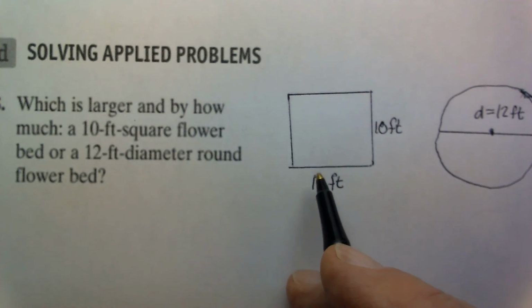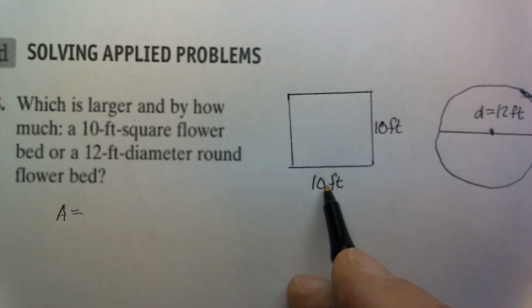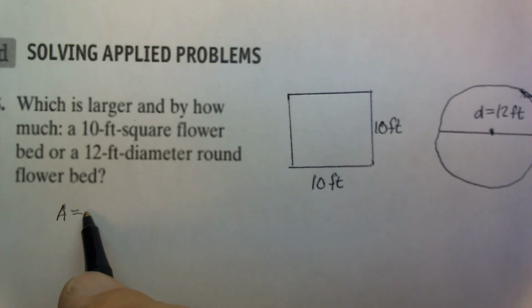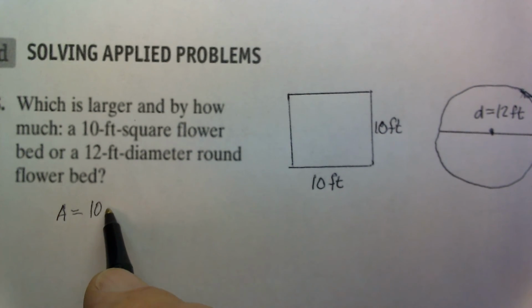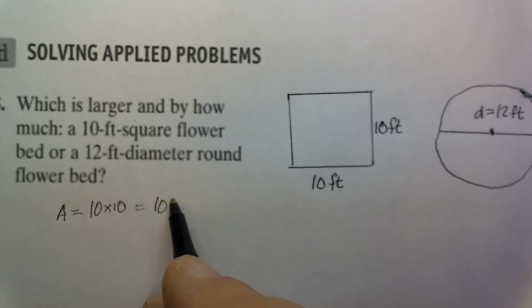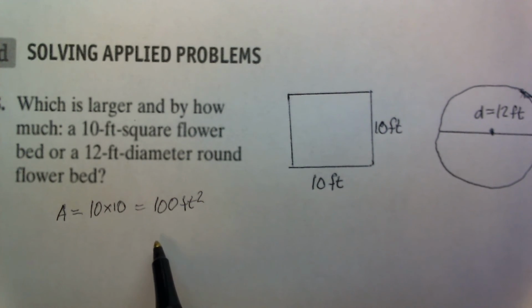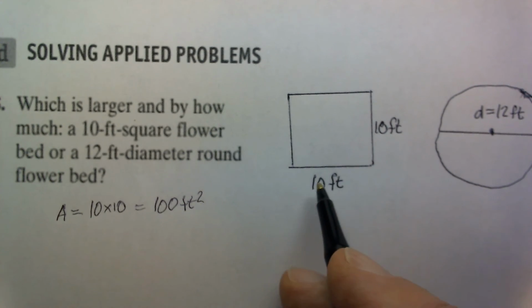So we compute the area of the square flower bed, and of course the area is equal to the length of the side squared, so 10 times 10 equals 100 square feet. So that's the area of the square.